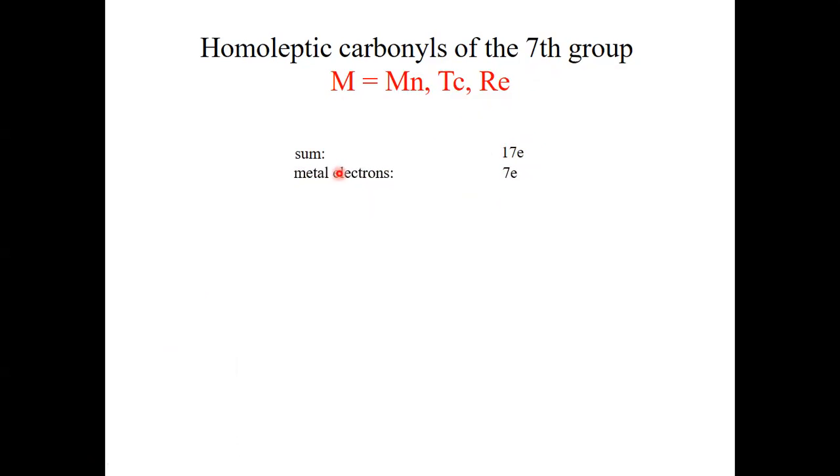And now we have, again, no charge. We assume that these are neutral carbonyls. So the number of ligand electrons needed is then just the difference between 17 and 7, and that's 10. And then the number of ligands needed is just 10 over 2, which is 5.